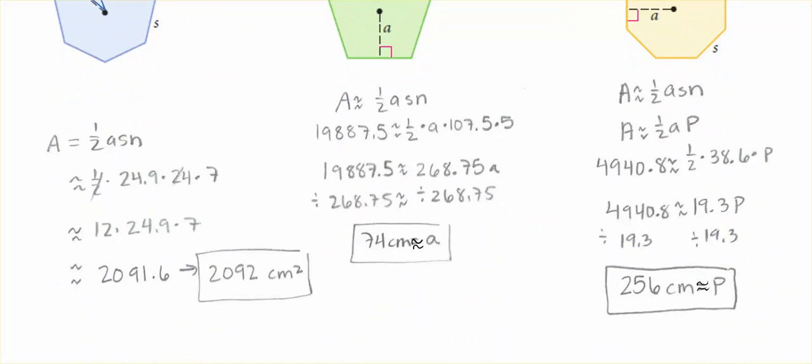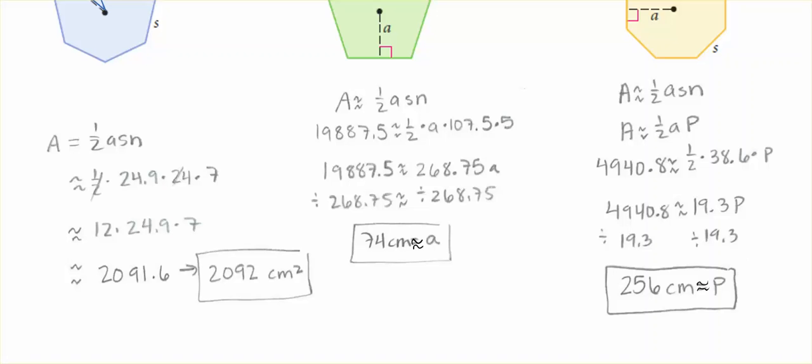All right, I'm going to assume that you've tried these on your own. As you can see, ladies, as I'm working through these, I am using the approximation signs, the squiggly equals, so to speak. So for the first one, we were looking for the area. We are given the length of the side as 24 centimeters, the apothem length as 24.9 centimeters, and of course we have to count the number of sides ourselves to find n.